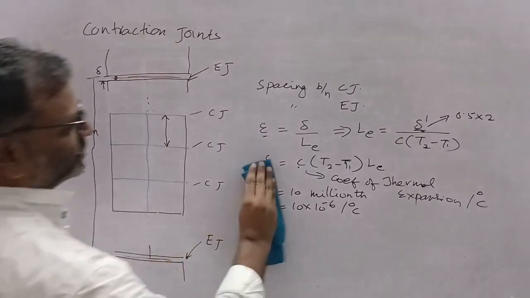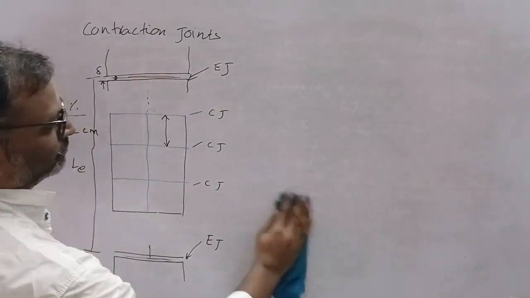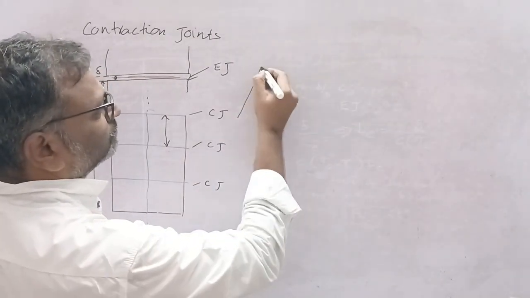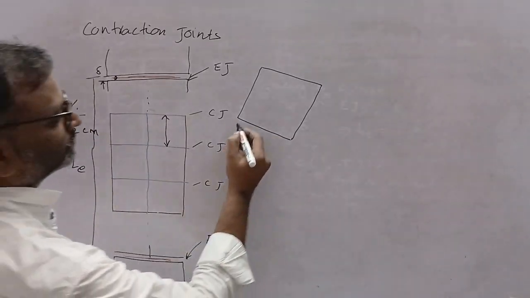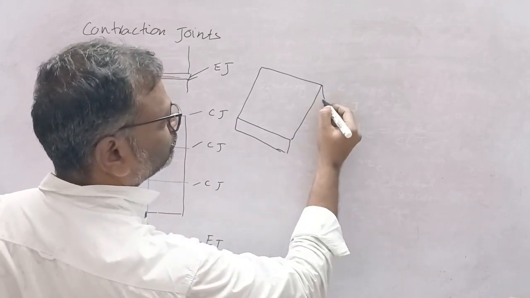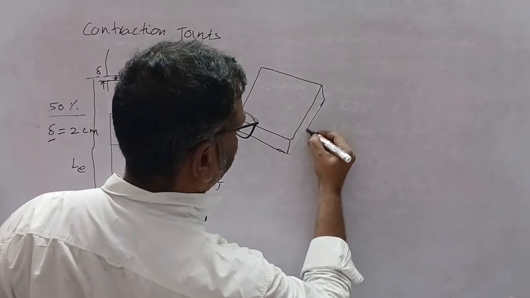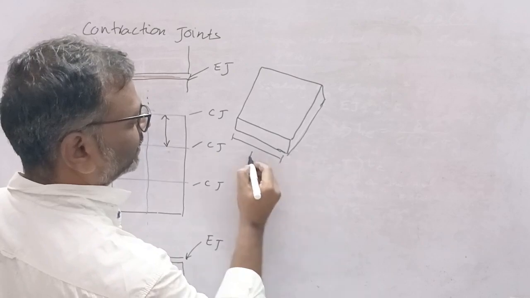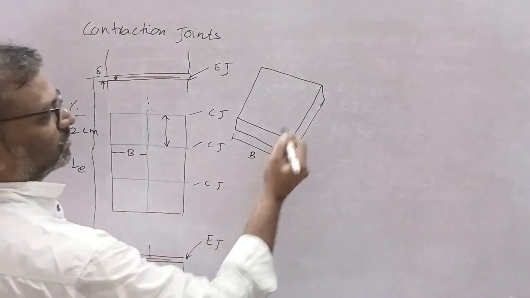And now we will see contraction joints. So suppose this is one particular block. And let B be the width. So this is width and this is length.